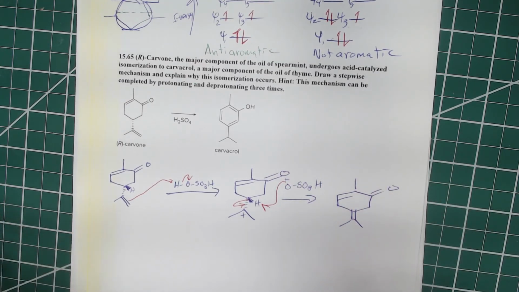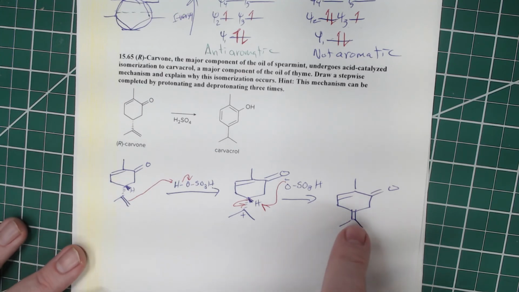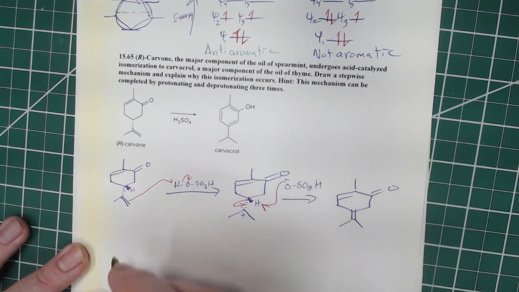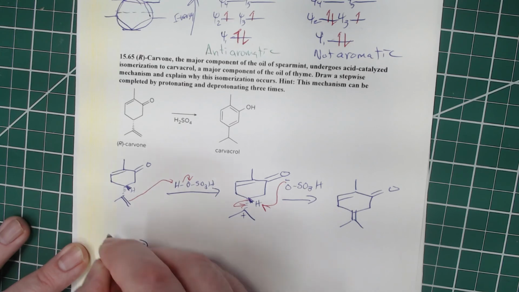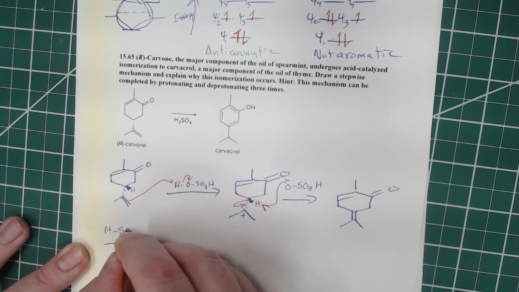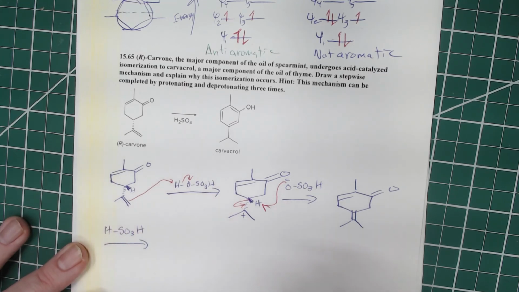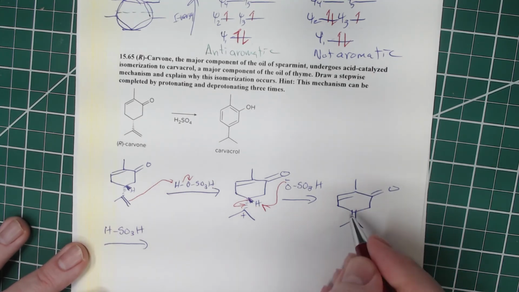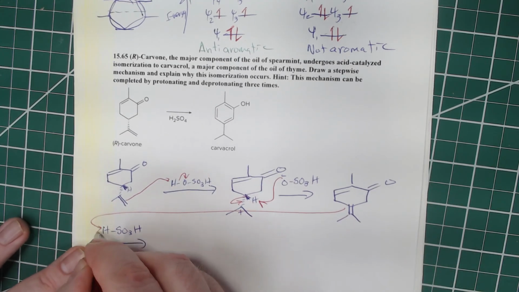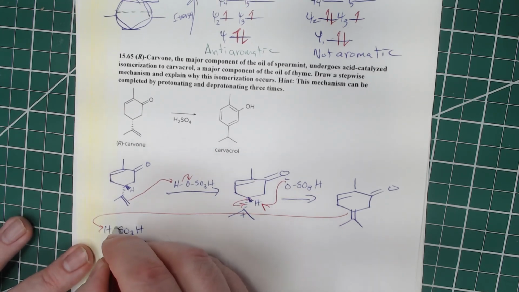All right, so now we're going to protonate this one again. All right, so we're going to use that pi bond there. So I'll go from there to that hydrogen.